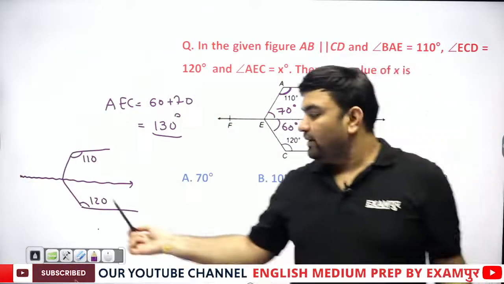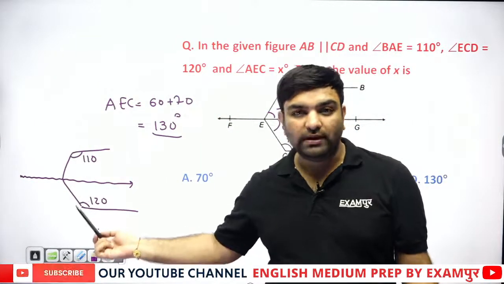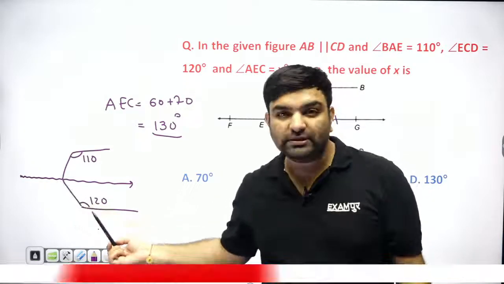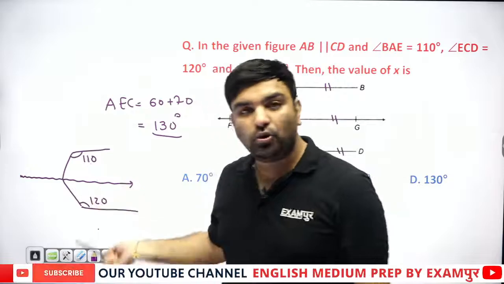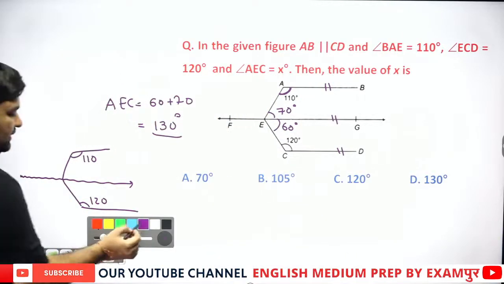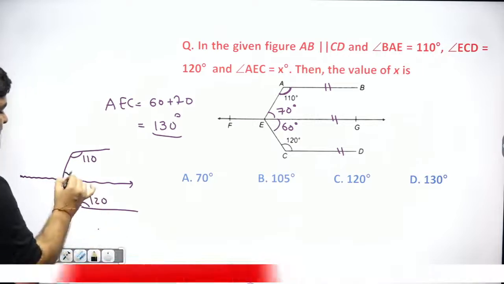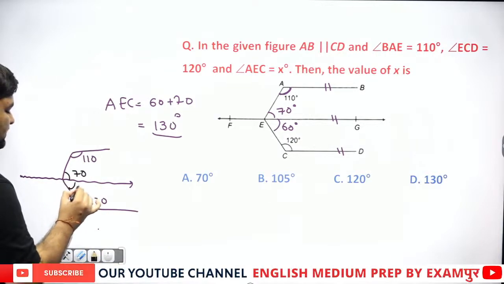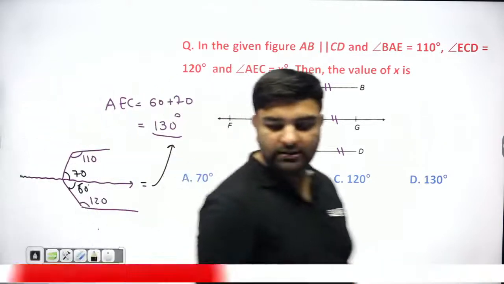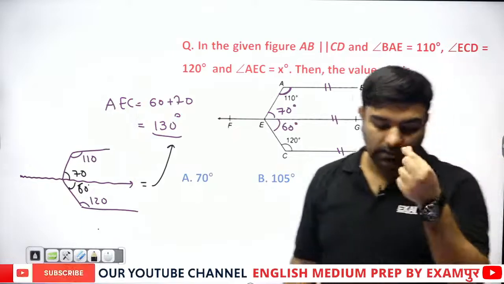Getting my point? We need to draw a line parallel to both. So in that particular case, again this will become 70, this will become 60, so their sum is 130.